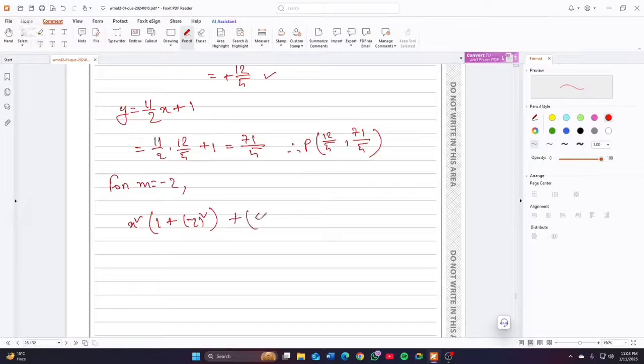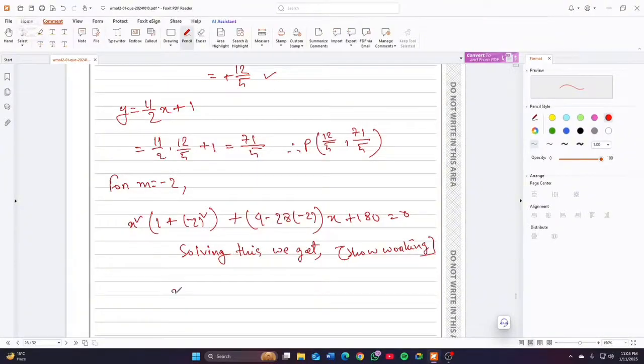It was plus 4 minus 28 into minus 2 x plus 180 equals 0, and solving this we get, so in the exam you have to do the entire process. For the sake of the video I'm just doing this in shortcut, but you have to show the workings properly. Show working, don't write what I've just written.